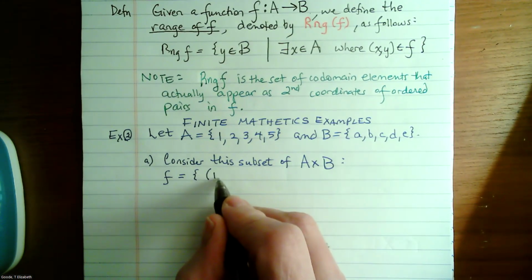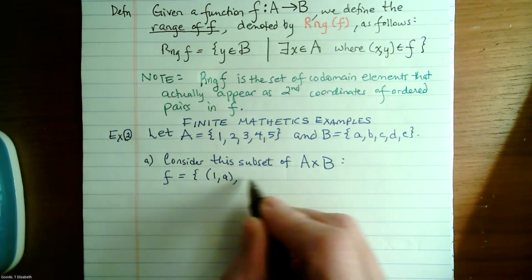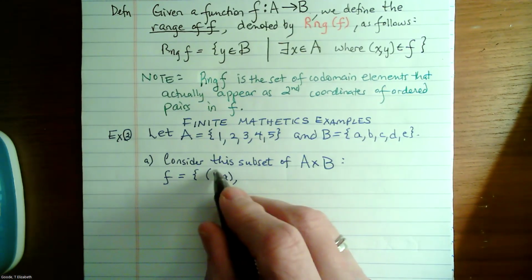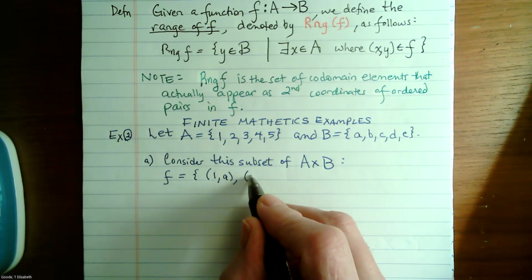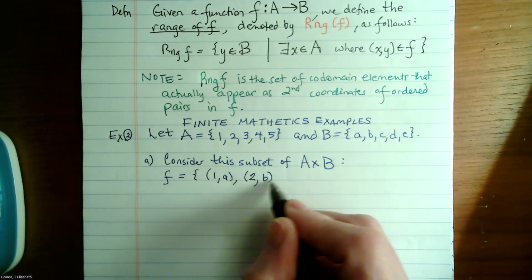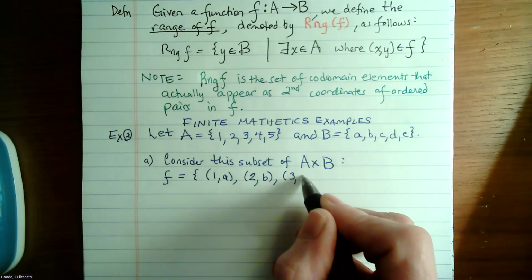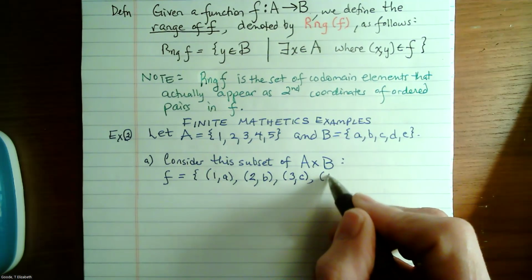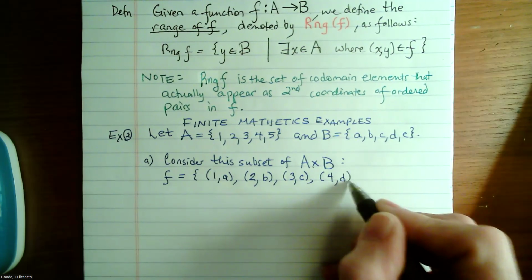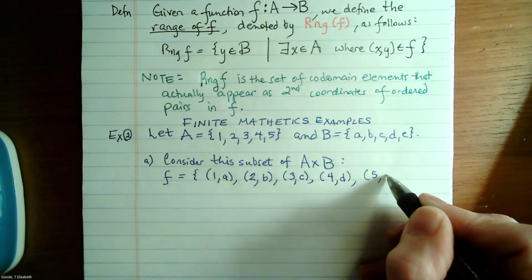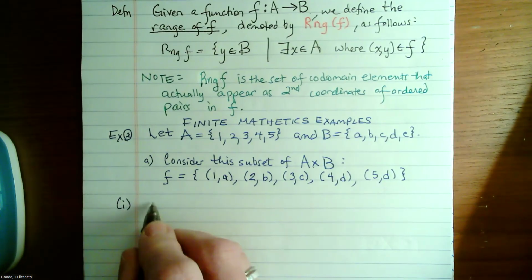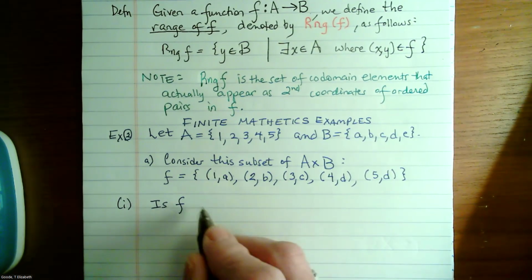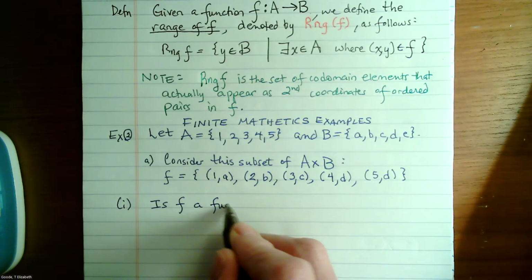First ordered pair is 1, comma a. Close your soft parentheses. You have to use soft parentheses for ordered pairs. Second element is 2, comma b. Third element is 3, comma c. Fourth element is 4, comma little d. And the fifth element is 5, comma little d. So, is f a function from A to B? That's my first question.